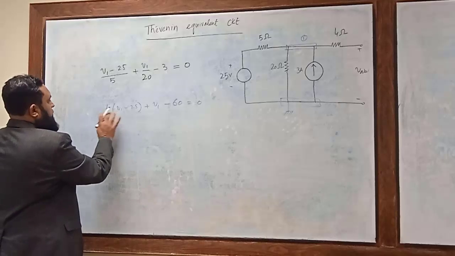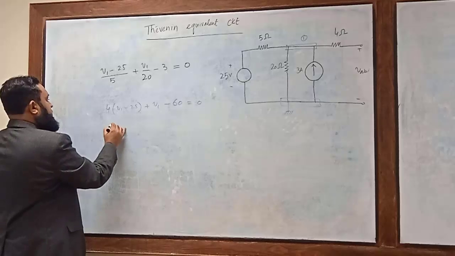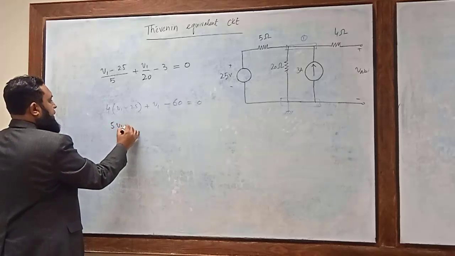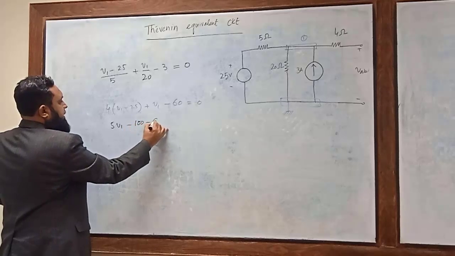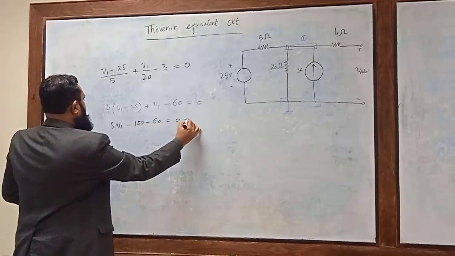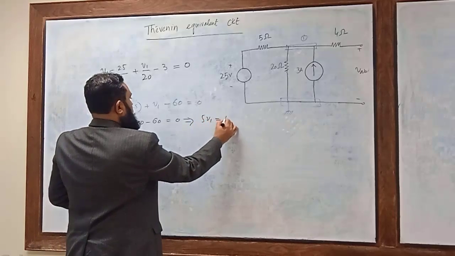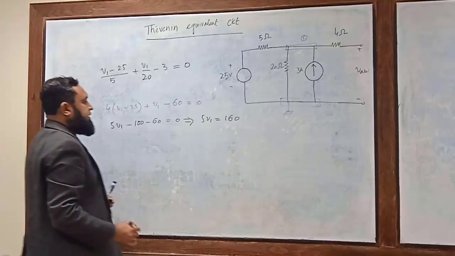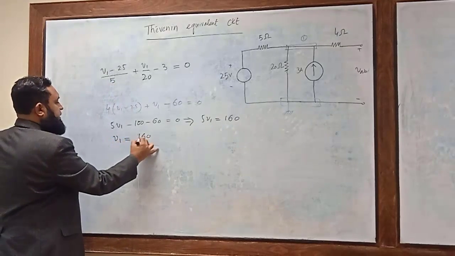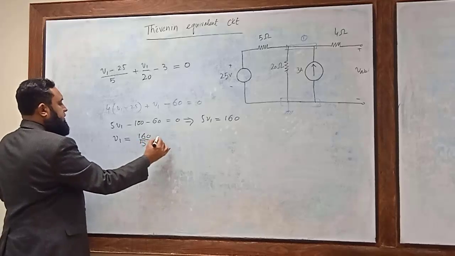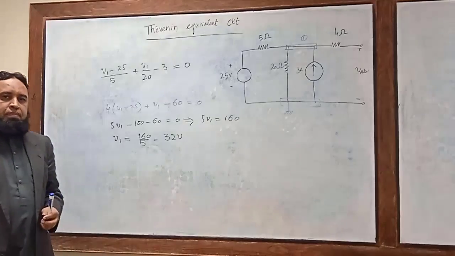So we have 4V1 and V1, so this is 5V1, and this is minus 100 minus 60 equal to 0, which gives 5V1 equal to 160, and V1 is equal to 160 divided by 5, which is equal to 32 volts.